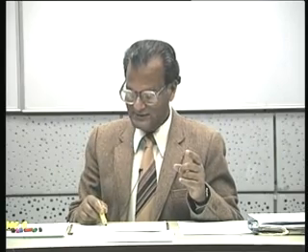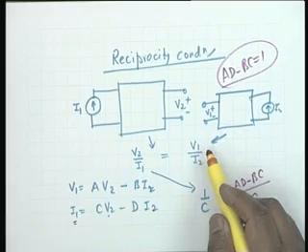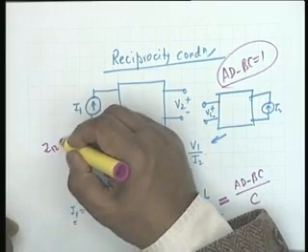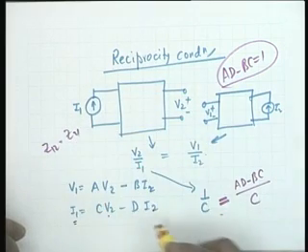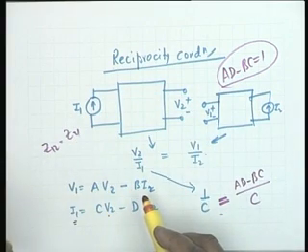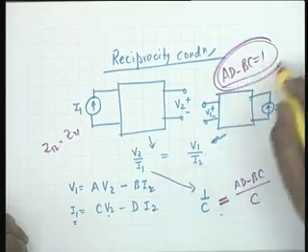Obviously, it is Z, no, not 1 2. Z21, and this is Z12, V1 by I2 under the condition I1 equal to 0 is Z12. So, what we have done is we have taken the condition Z12 equal to Z21 and then applied the definition of A, B, C, D parameters. This is the condition for reciprocity.